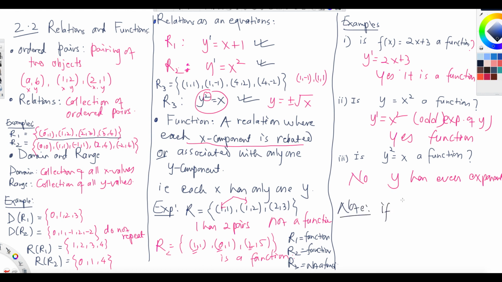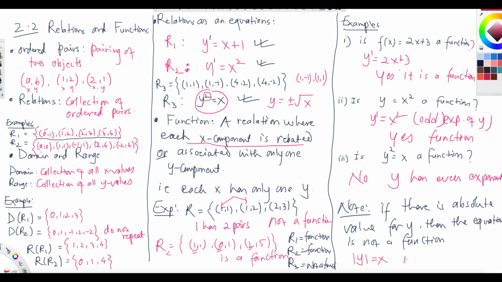If there is an absolute value for y, then the equation is not a function. What does that mean? For example, absolute value of y equals x is not a function.